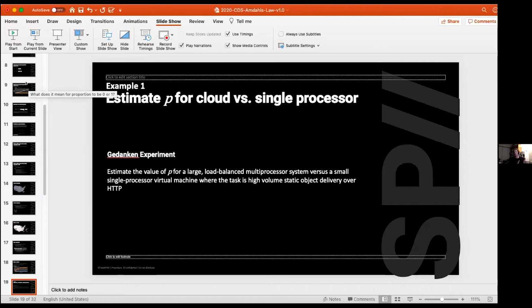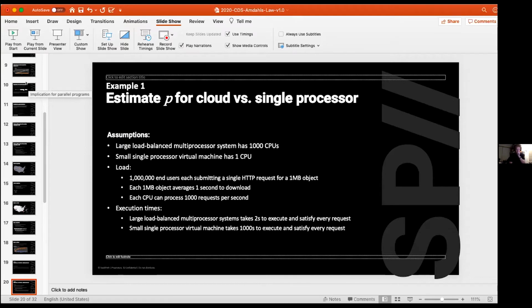So what we're going to do is estimate the value of P for a large load-balanced multiprocessor system versus a small single-processor virtual machine, where the task is high-volume static object delivery over HTTP. Standard content delivery. And again, this is illustrative. Nobody in their right mind would use a single CPU server for this task. So what do we know?